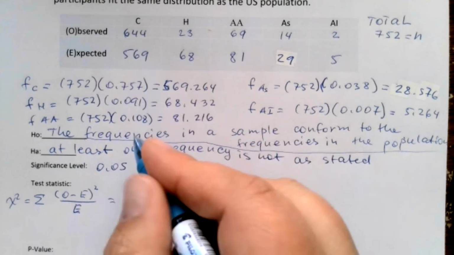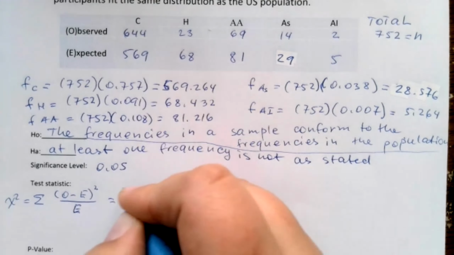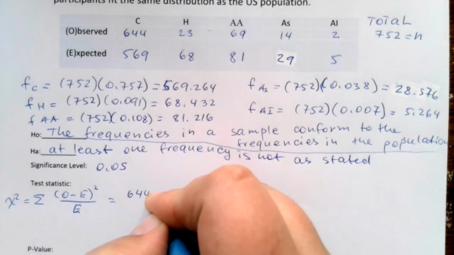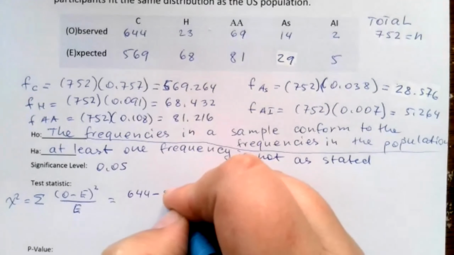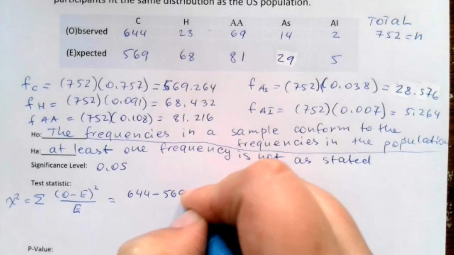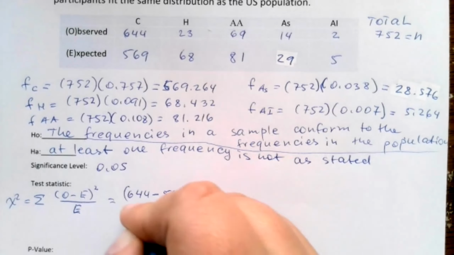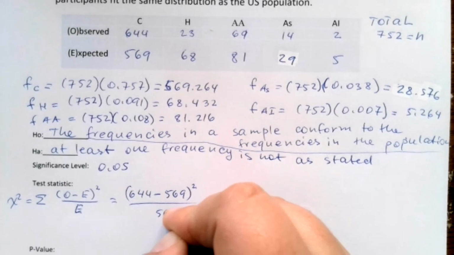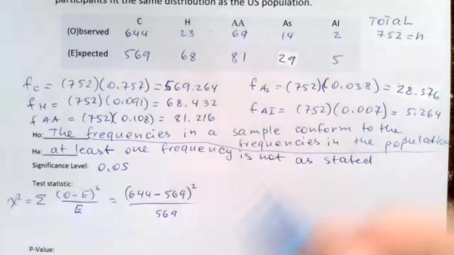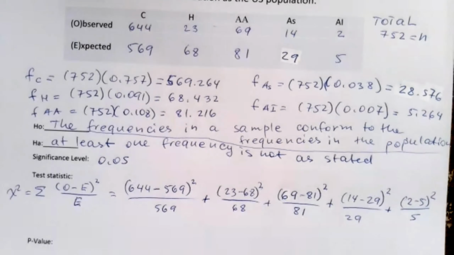So I'm going to write the first one with you. The observed is 644. The expected is 569. Find the difference, square it, and divide by 569. I'm going to continue that for each category. There you go.